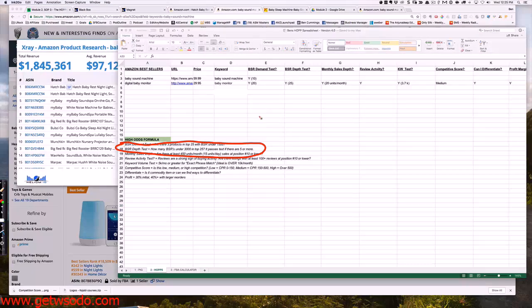So the first one was I want at least 3 that are under 1,500. And this one says I want at least 5 that are under 3,000, because this tells me that, yeah, there's a lot of demand. Well, we know it passes because there's already 10 that are under 1,500. Let's actually see how many are under 3,000.